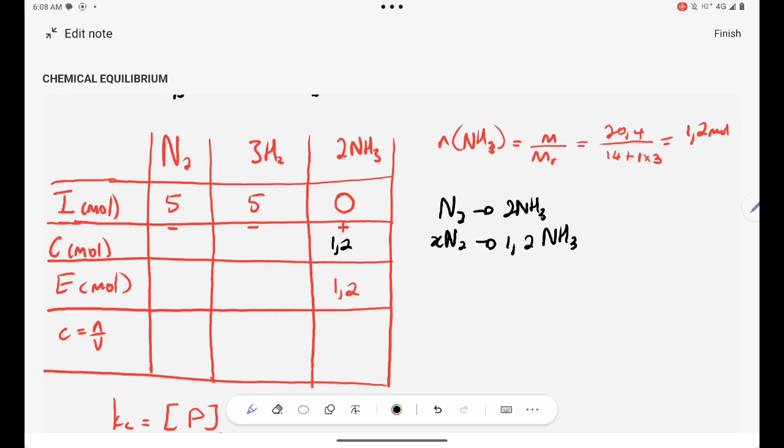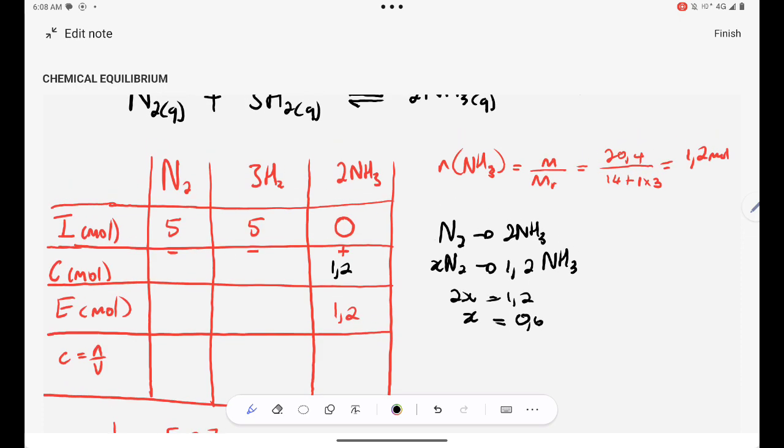And whenever I cross multiply, I'm only focusing on stoichiometric coefficients. 2 multiplied by x, that's 2x. 1 multiplied by 1.2, that's 1.2. Then x will be equal to 0.6. But remember that x represents the number of moles of nitrogen that were used to form ammonia. It was just 0.6.